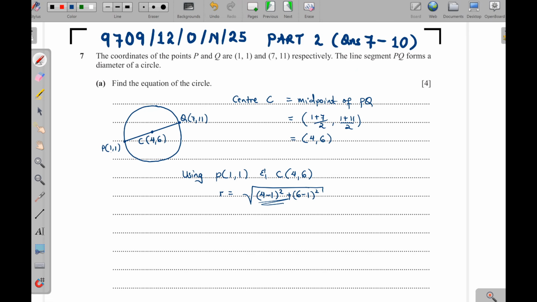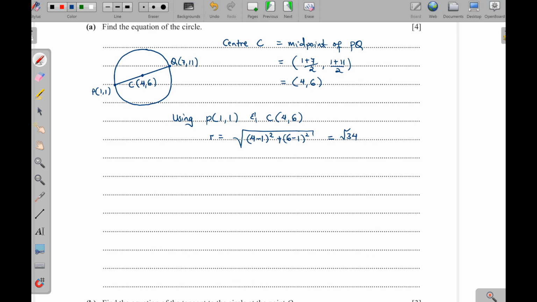So 4 minus 1, that is 3 squared, that will be 9. Then plus 5 squared, that is 25. So 9 plus 25 gives us 34. So r will be equal to the square root of 34.